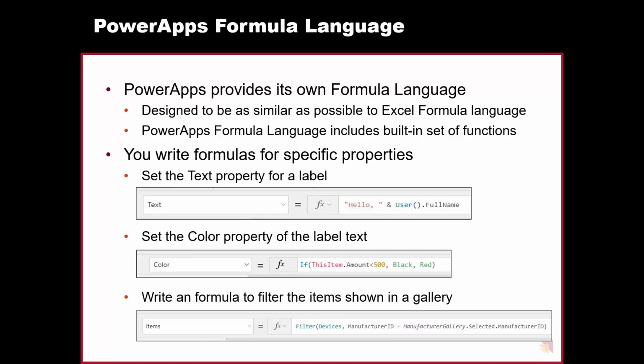Now, another thing that you have to get comfortable with is working with the PowerApps formula language. And when we start out, it's very different from VBA. If I was writing VBA code, I could write a piece of code that looks at a text box and sets its text property. But in PowerApps, the Canvas app model is much different. So every control has a set of properties that take care of themselves.